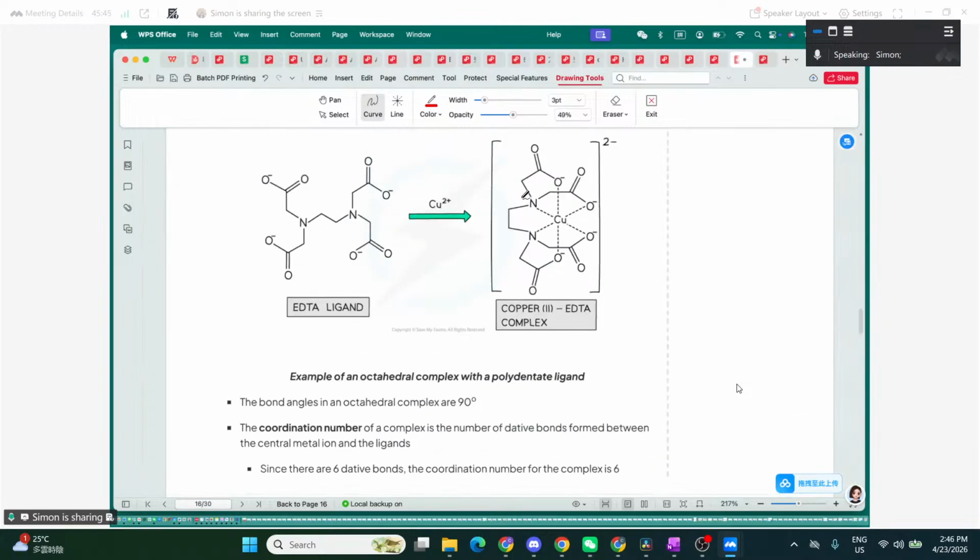The bond angles are 90 degrees. The coordination number of the complex is the number of dative bonds formed between the central metal ion and the ligands. We know there are six dative bonds, so the coordination number of the complex is six. Understand?